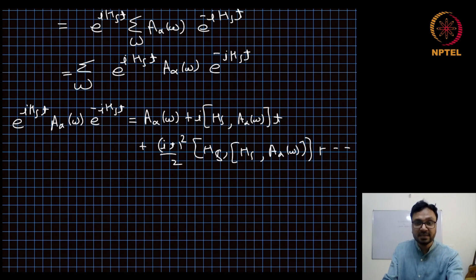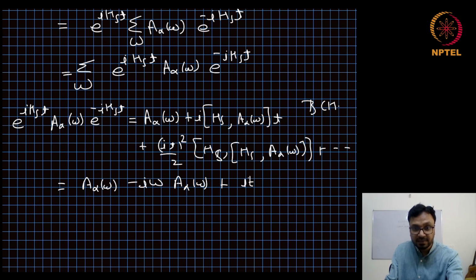This is called the BCH formula, and we can see that the commutator of HS with A alpha of omega is minus omega A alpha of omega. So the whole thing can be written as A alpha of omega plus or minus i omega t A alpha of omega, plus i t squared over 2 factorial omega squared A alpha of omega, and so on.